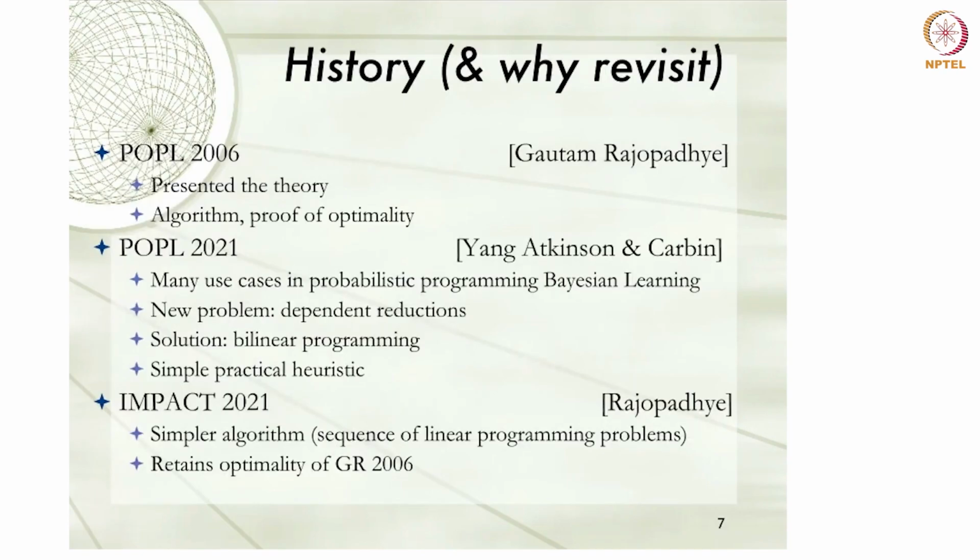Like I said, in 2006, we wrote a paper that presented this theory of simplifying reductions. And then 15 years later, in January of this year, the main thing that these authors did was that they showed that there are many examples in probabilistic programming and Bayesian learning that actually are instances of simplifying reductions. But they also found that the problem that they had to solve was a little bit more general.